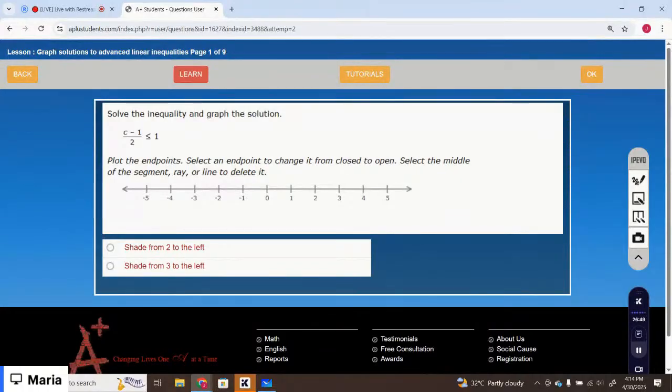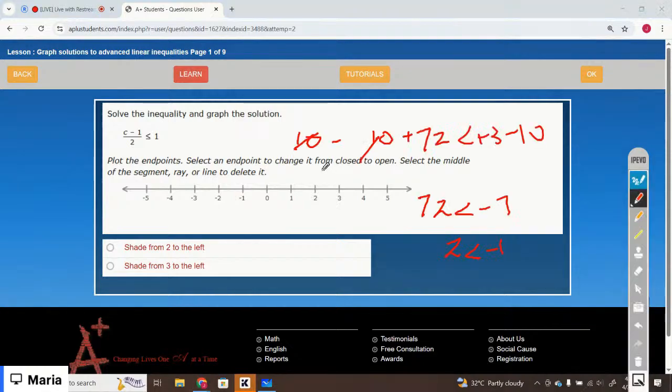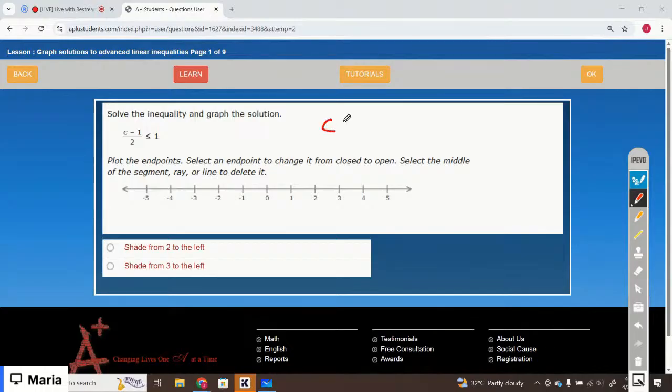Solve the inequality and graph the solution. c minus 1 over 2 is less than or equal to 1. That is c minus 1 is less than or equal to 2. c is less than or equal to 2 plus 1. c is less than or equal to 3.